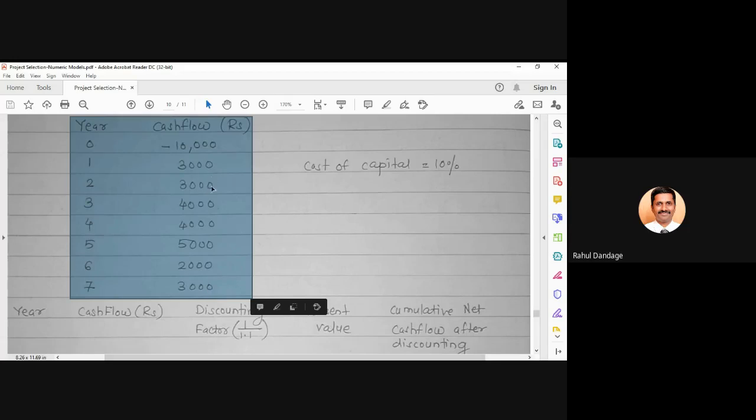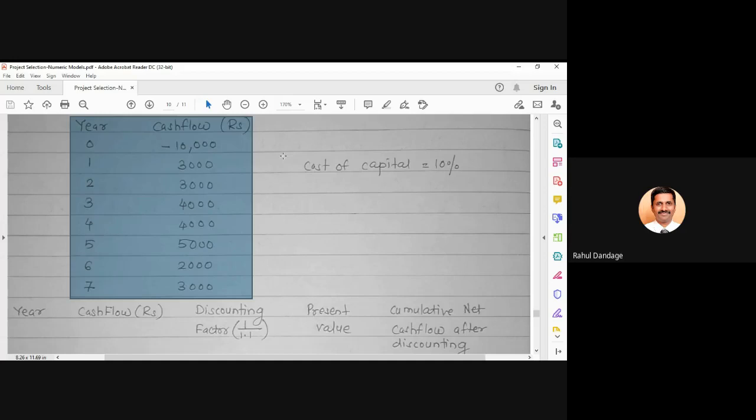These are the net cash flows generated at the end of years 1, 2, 3, 4, 5, 6, 7. The cost of capital is given as 10%. For this data, we have to check the payback period using the discounted payback period method.